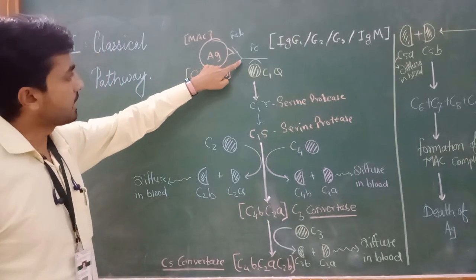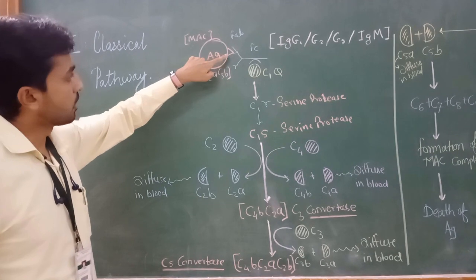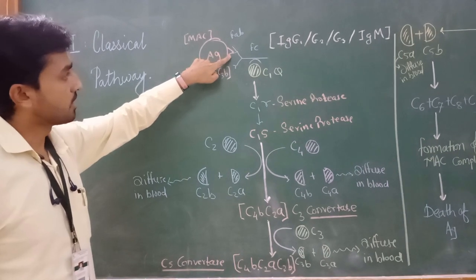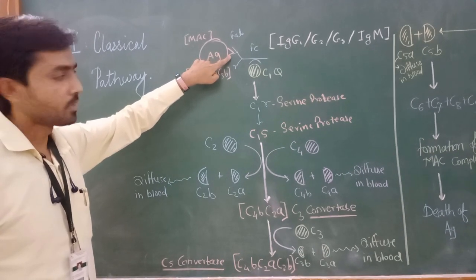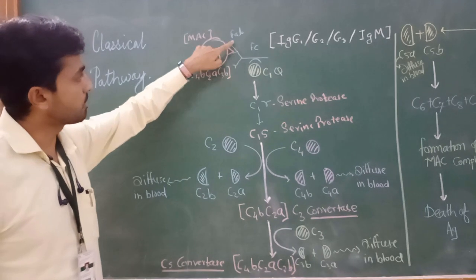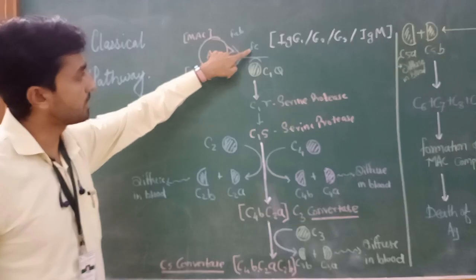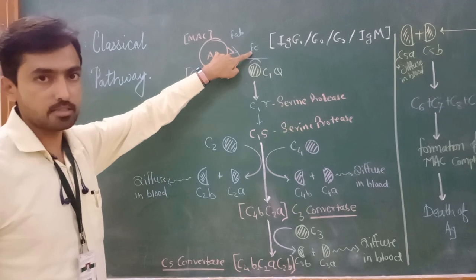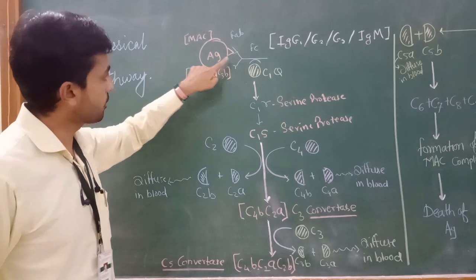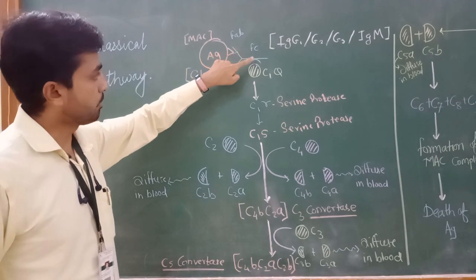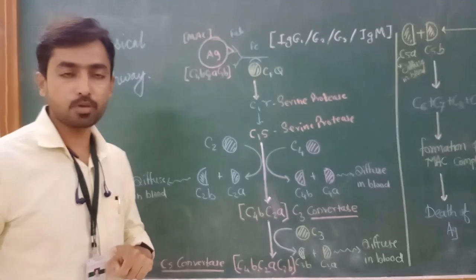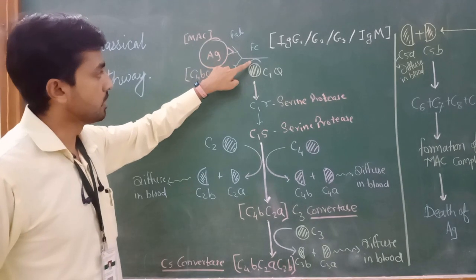Now we know that an antibody can bind to the antigen at a special site called the epitope, and the antibody has two different parts, Fab that is fragment antigen binding and Fc that is fragment crystallizable. After binding of the antibody to the antigen, the first complement protein called C1 binds to the Fc portion of the antibody.